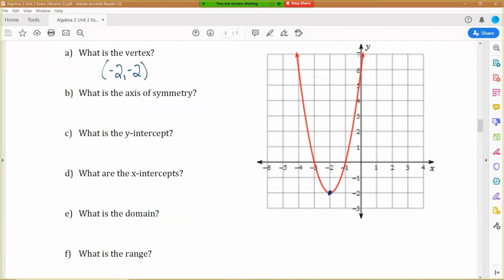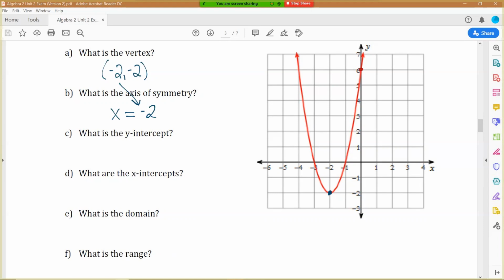Your axis of symmetry is always x equals, and then you just have to bring down the x coordinate of your vertex. So x equals -2. What's your y-intercept? Notice that's singular. Go to your y-axis and find where the parabola crosses your y-axis. Happens to be this point right here.